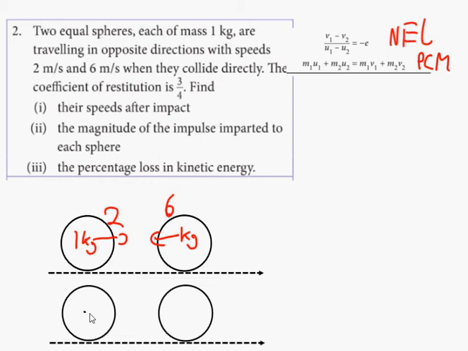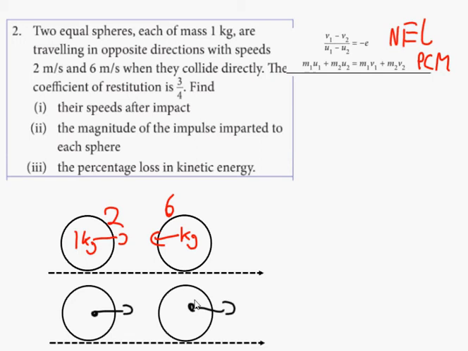One could go backwards and the other keep going this way, or one of them could stop and the other has to go backwards. With all the questions, no matter what they do, always have them pointing to the right. What will happen if it's actually going to the left? Anybody know? It's just a negative answer.